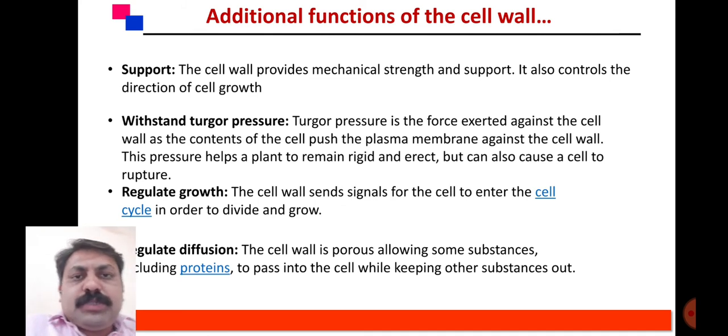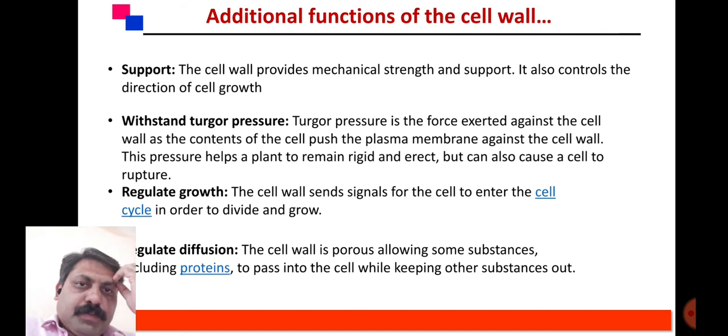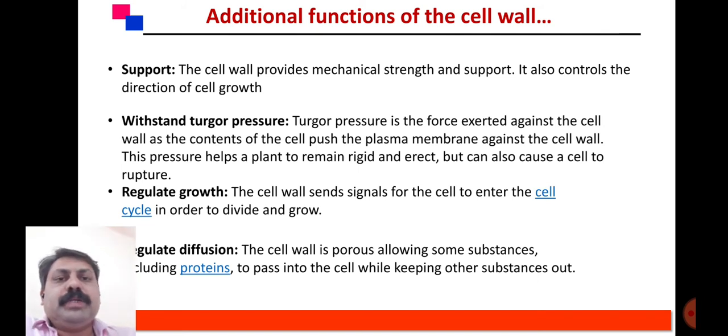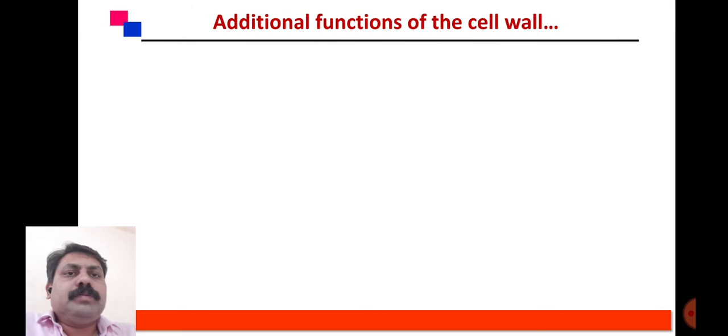Though the cell wall is not permeable, the interconnection between the adjacent cells, that is plasmodesmata, allows exchange of material, either the entry of water or entry of the solutions, and that is regulated by the cell wall.